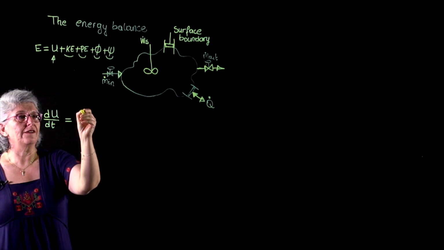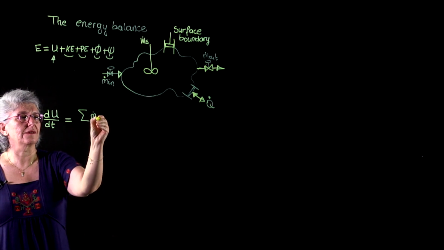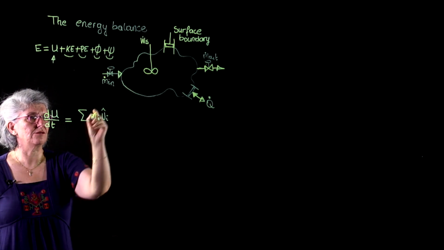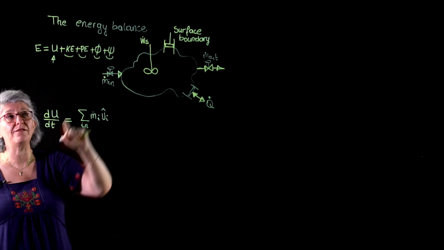So we're going to sum over all streams that come in through the system boundaries. Here we have only one, but we don't have to have one stream.